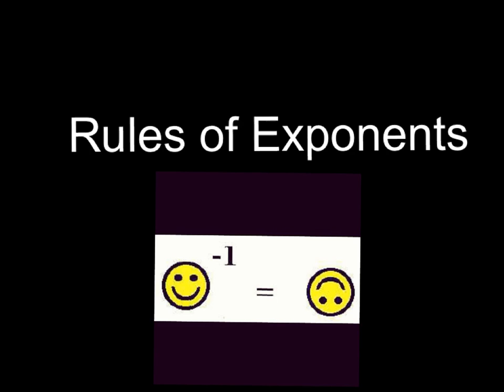Today we are talking about the rules of exponents. Our first rule is the rule for multiplication, the multiplication law, which says that if we multiply two terms with common bases, we keep the base and add the exponents.